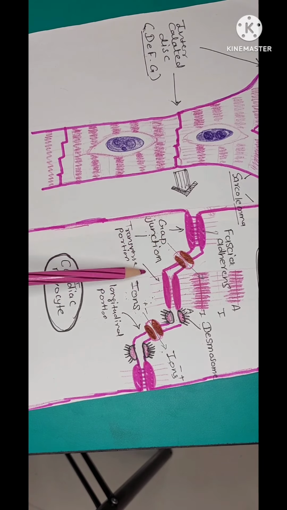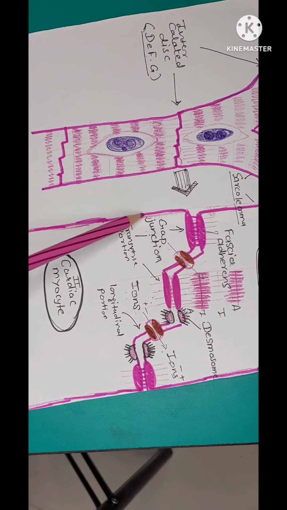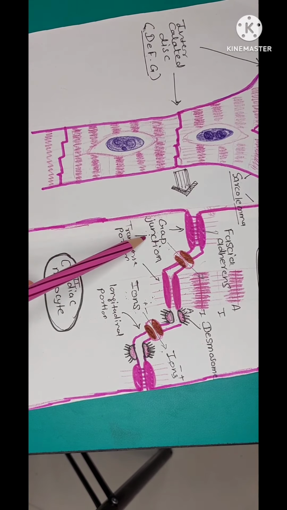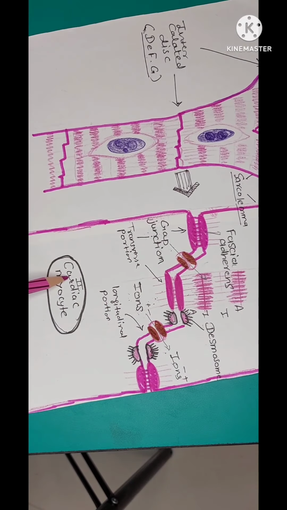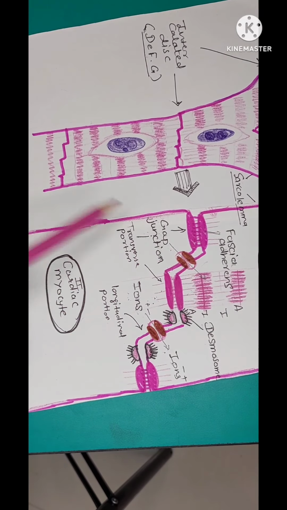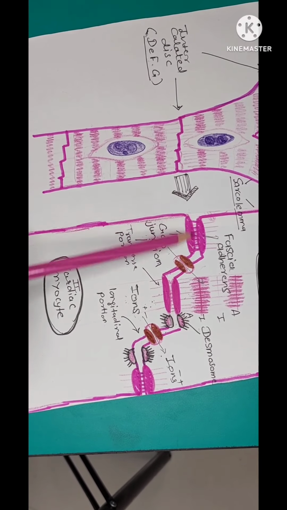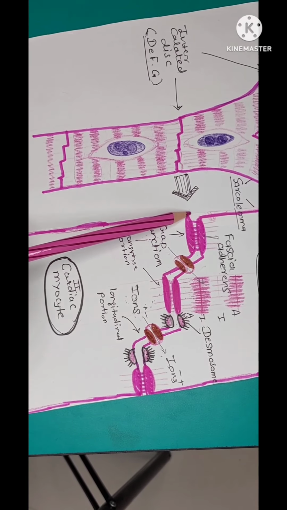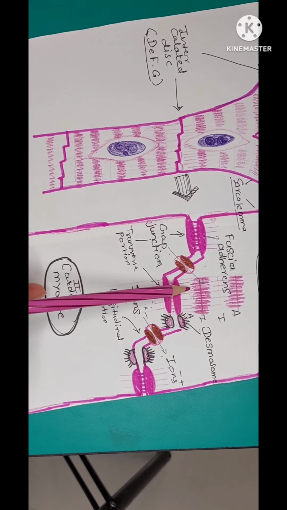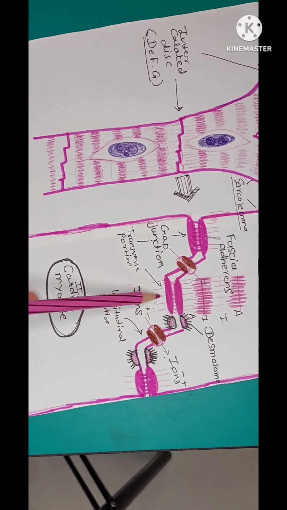Gap junction allows ions to pass from one cell to another cell. As a result, the action potential is transmitted from one cardiac myocyte to another, and the cardiac muscle fibers act together as a functional syncytium. Fascia adherens is responsible for the dark staining of these intercalated discs, and it is present at the I band.